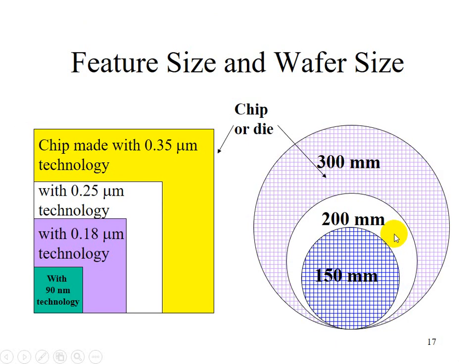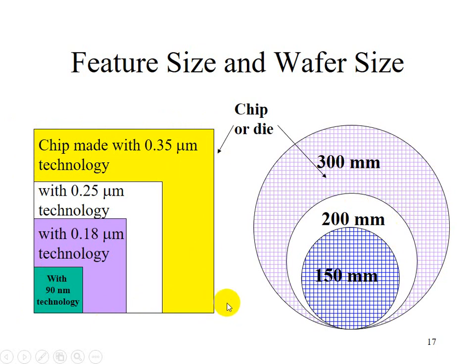The feature size is the target that we try to pursue as small as possible. There are several reasons for that. The first reason is that if you reduce the feature size, for example, if you have a chip made with 350 nanometer feature size, you may end up with a dimension like this, the yellow area.